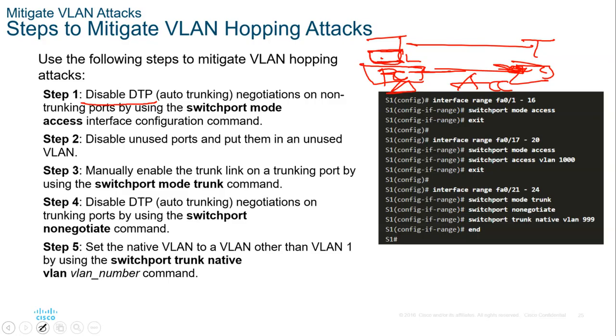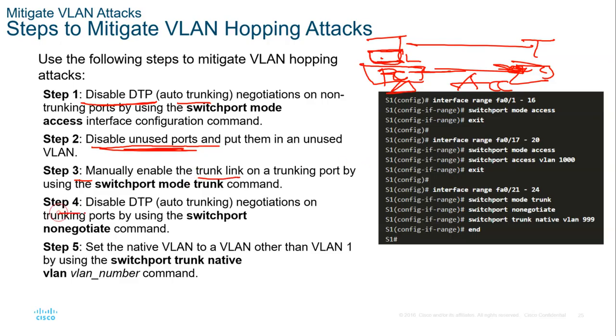Then step number 2, disable unused ports. You see now we are bringing in the previous disabling, because this one is disabling the auto trunking, then disable unused ports. Here and here it's obvious. Step number 3, manually enable trunk.